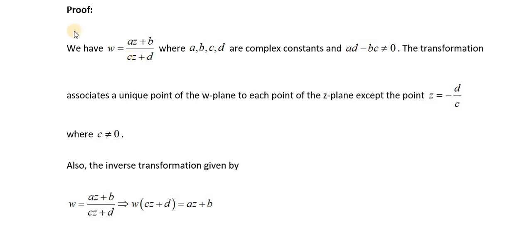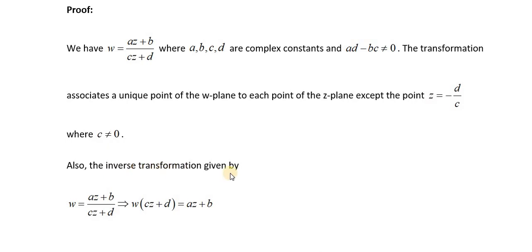Observe, C into minus D by C plus D: C and C get cancelled, minus D plus D is 0. So by substituting this point, we get 0 as the value of the denominator. Anything by 0 is infinity. That's why, except at this point, in all the cases, if a point exists in the Z plane, there exists a point in the W plane.